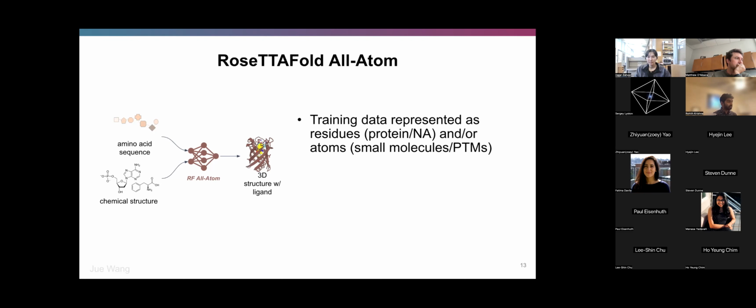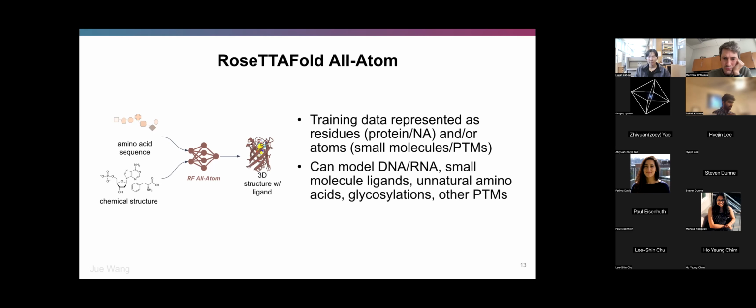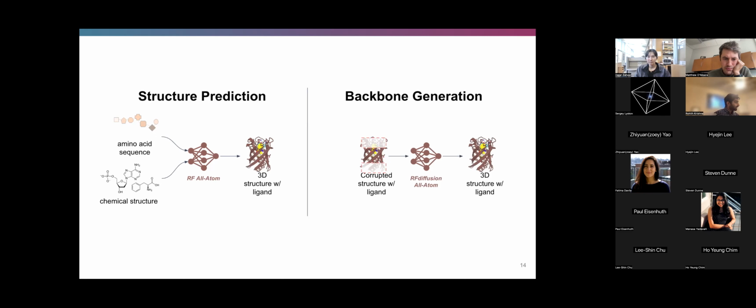And you can also have atoms. So you can have small molecules, post-translational modifications, all of these sent jointly into the model. And so if you could create an architecture to take these two inputs, you open up a lot of these different applications. And so now you can repose that same problem that I showed in the first slide, right?